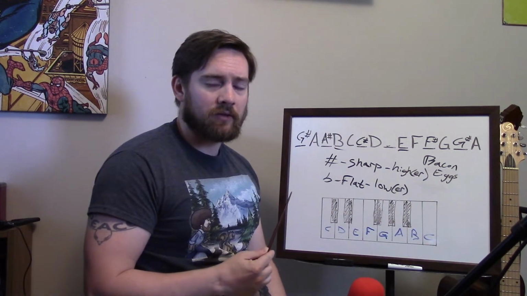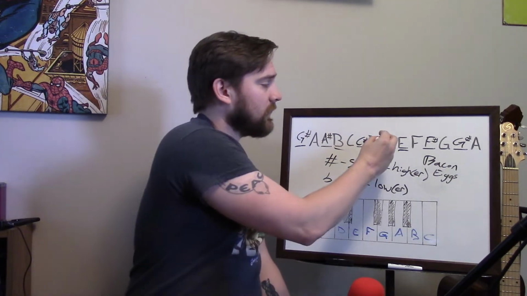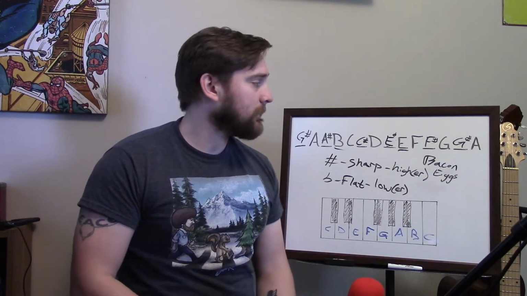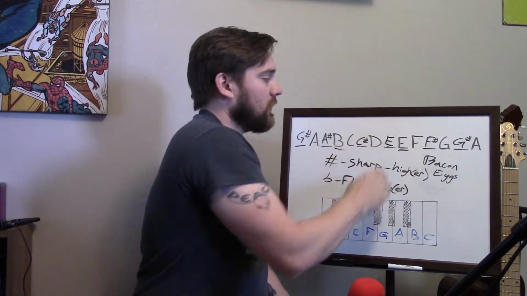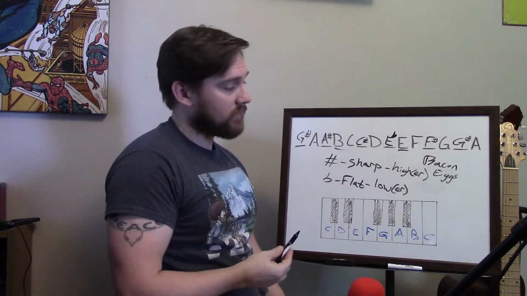But if we were looking at it from the other perspective, we could say that it's the note that is lower than E, in which case we could also call it E flat. Both would be true. It's two names for the same sound, the same note. And that would be true for every single one of these sharps.